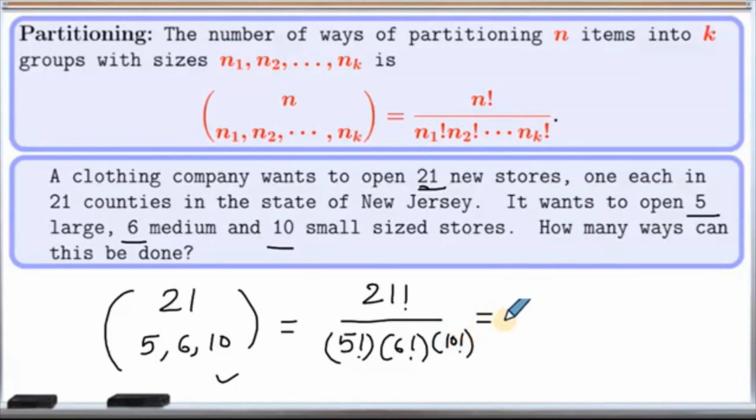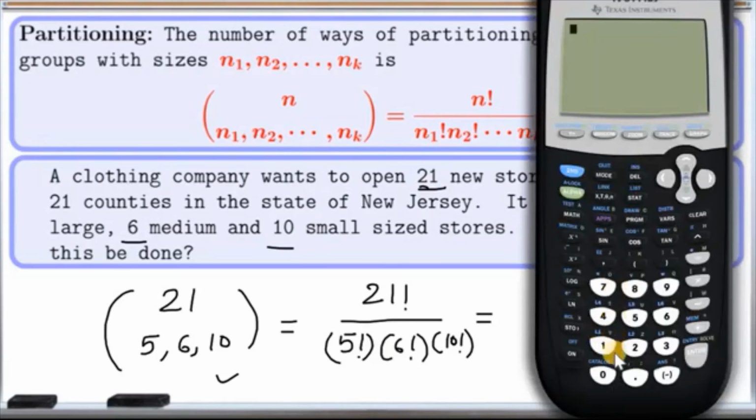So let's do this math in a calculator. We need 21 factorial in the numerator. So let me type 21, then go to math, go to probability, come down to number 4. So that gives us 21 factorial.